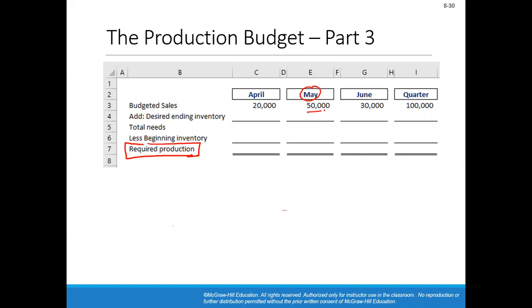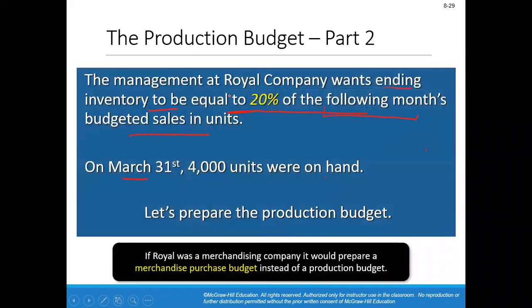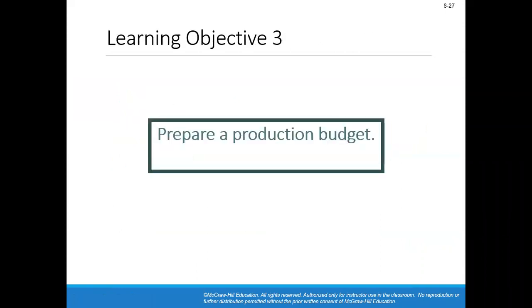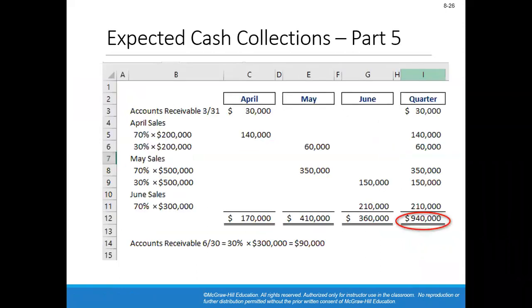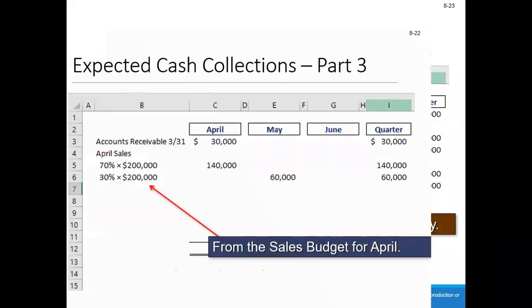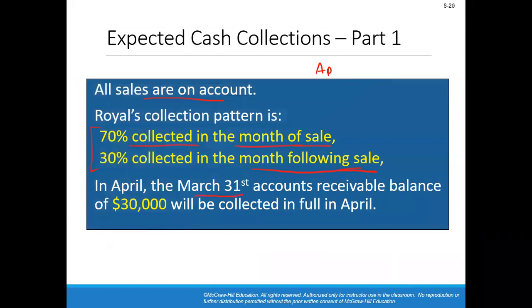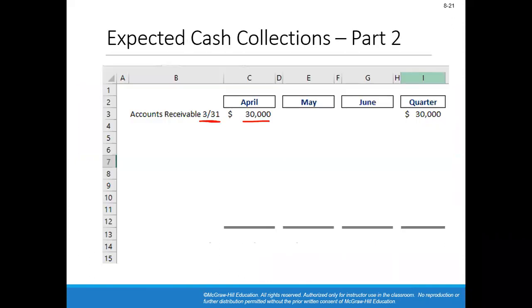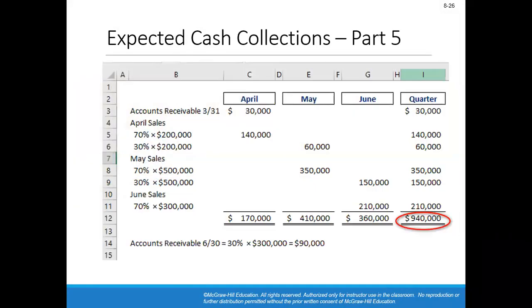And of 50,000, note that this is in terms of the dollar amount, right? Sorry, let's check. No, these are in terms of the unit amount, not in terms of dollar amount. Yeah, it is in terms of units, not dollars.